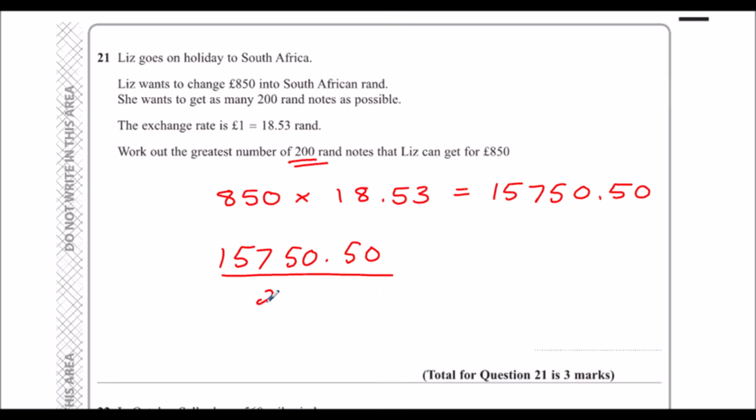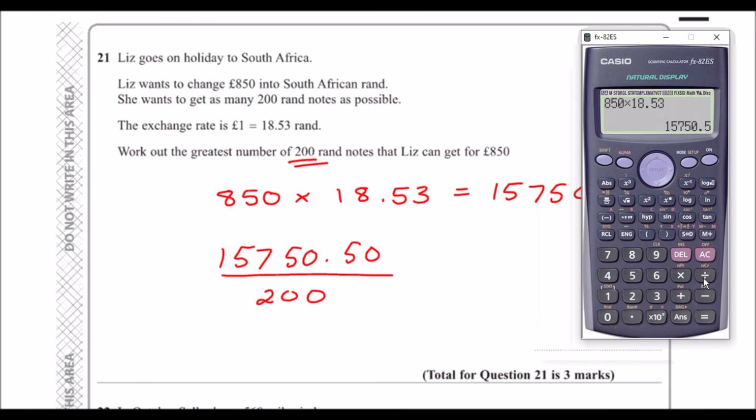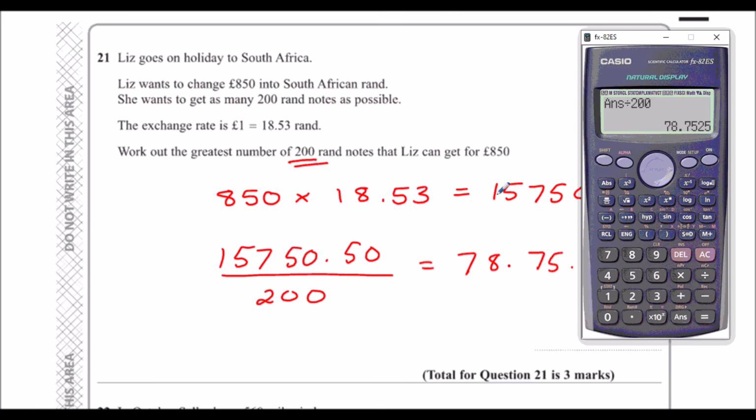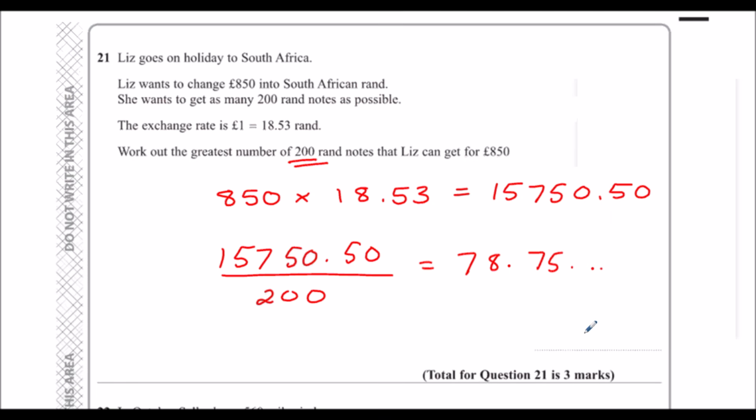We've got a calculator. We'll just press divide 200. So she's got 78.75. She can't have 0.75 of a note. So it's 78.75 something. So that means she can get 78 200 rand notes.